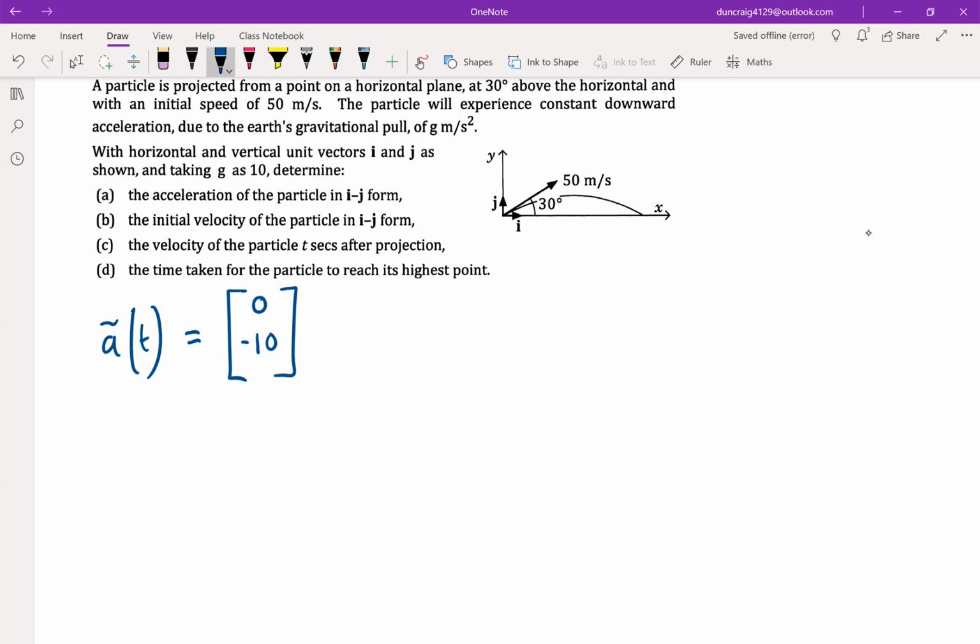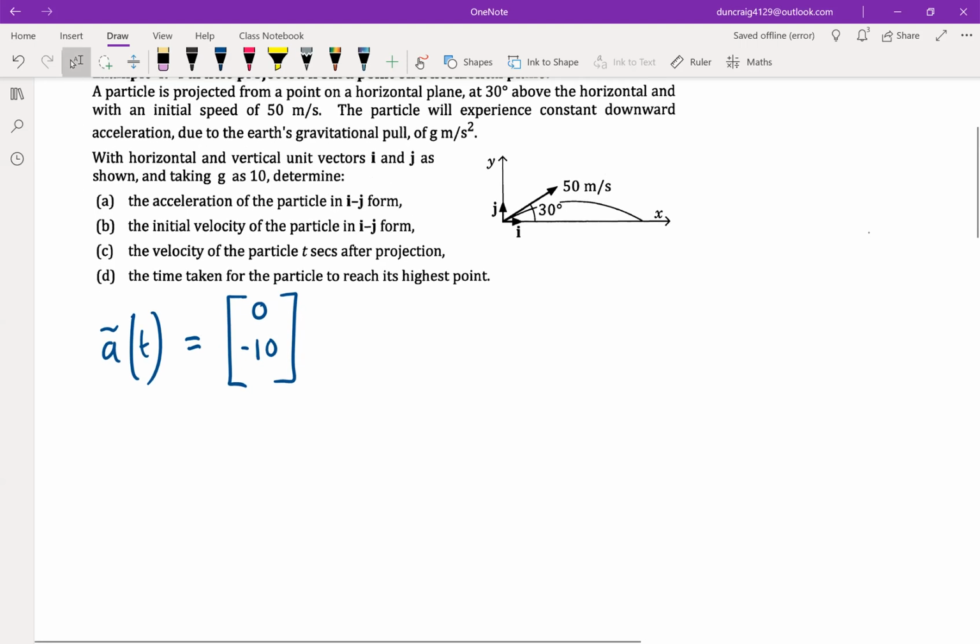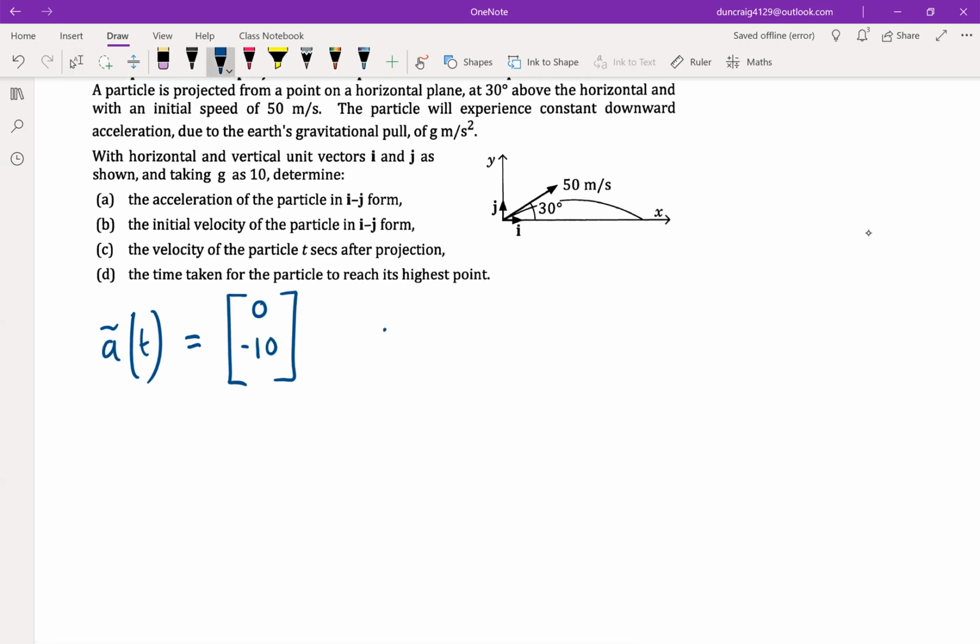So now I can figure out, what is the velocity vector? Here we could say, what is the velocity initially? At time t equals 0, it's got a velocity of 50 meters per second at an elevation of 30 degrees.